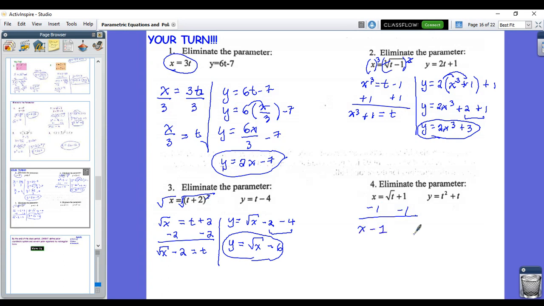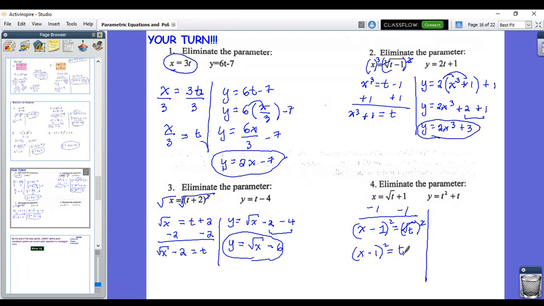So x minus 1 is on the left side equals the square root of t. Now to get rid of the square root, I'm going to square both sides of my equation so that I can cancel out the square root. So t on the right side will be equal to x minus 1 to the second power. All right, that's my t.